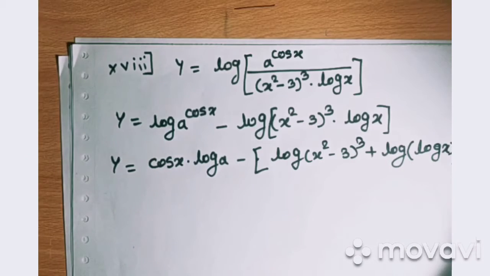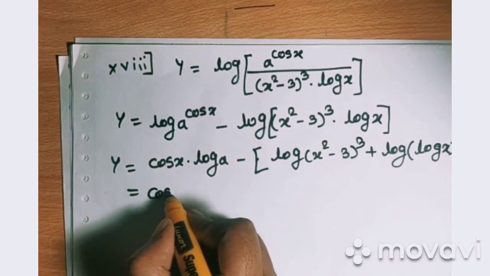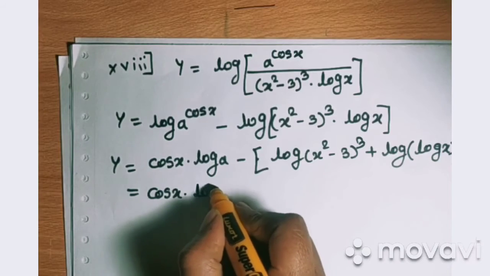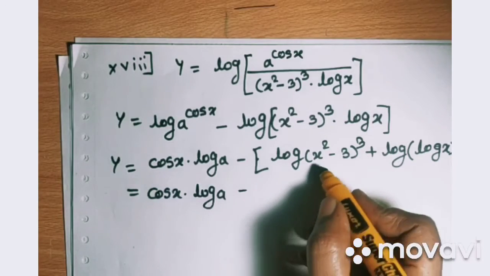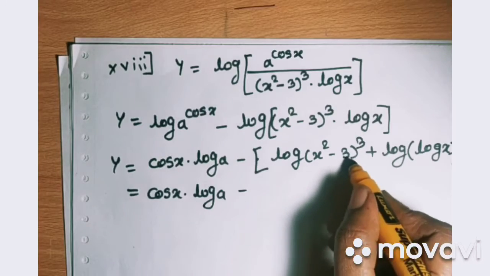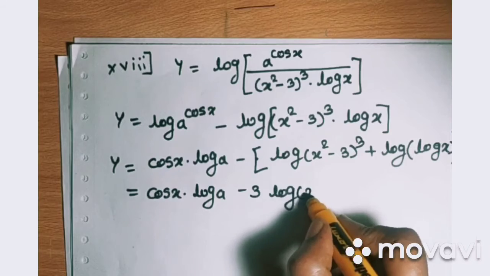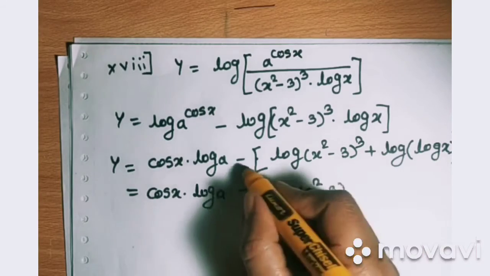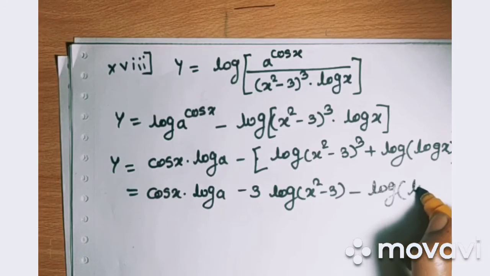Okay, this minus sign is outside the logarithms. After simplifying, this becomes cos x into log of a, minus, and as m raised to n, this becomes 3 into log of (x square minus 3), and this plus becomes minus of log of x.